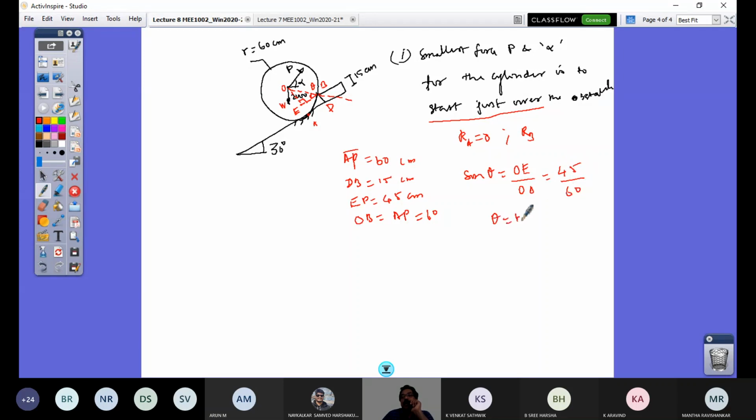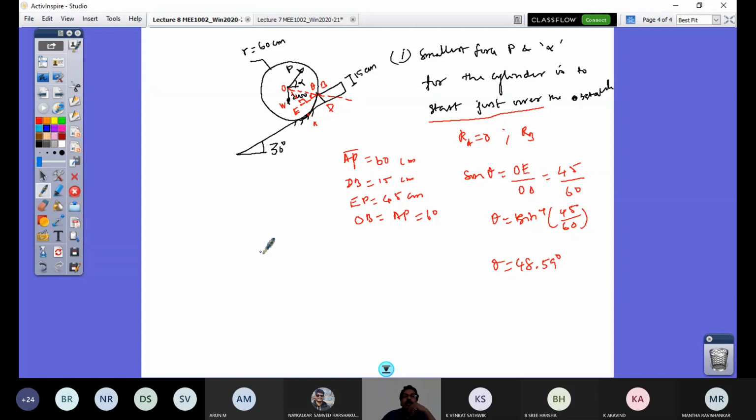So theta will be sine inverse of 45 by 60. What is the value I get? 45 by 60, shift, sine inverse, answer 48.59 degrees. That's theta.